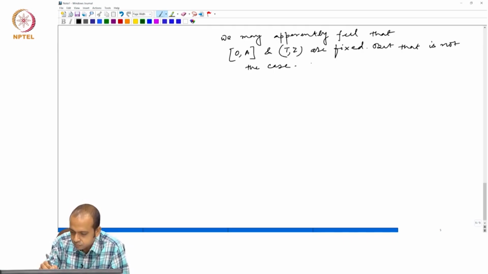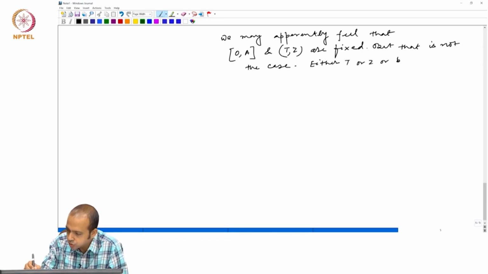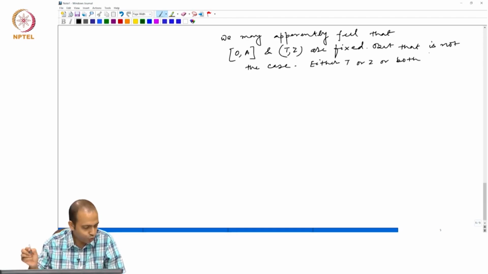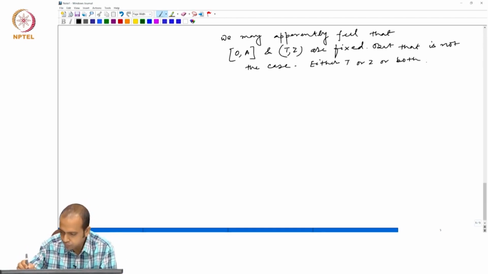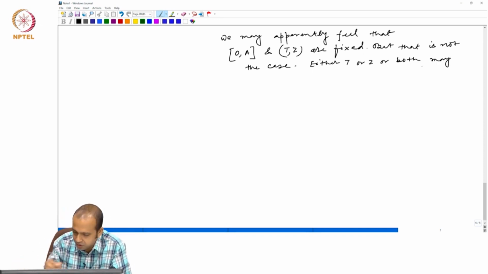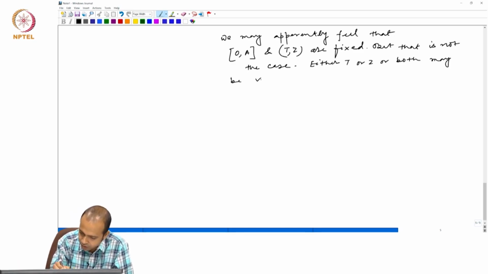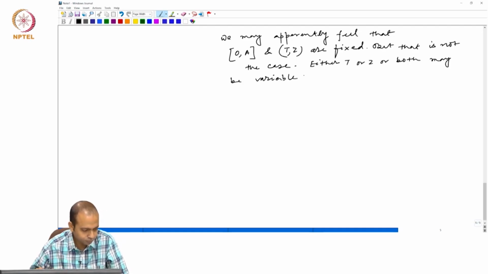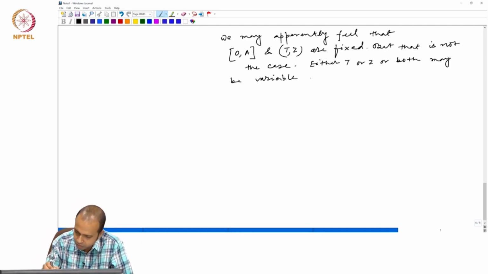Either T or Z or both may vary, may be variable in dynamic optimization.